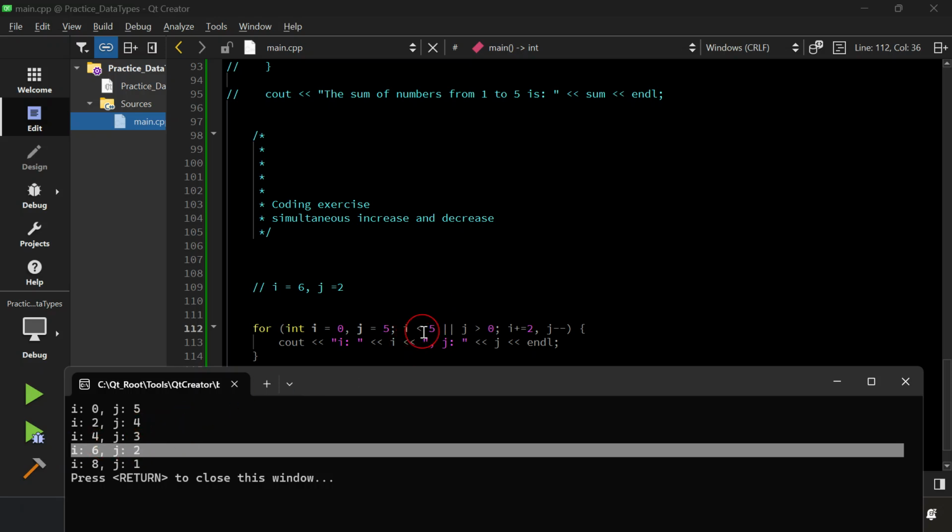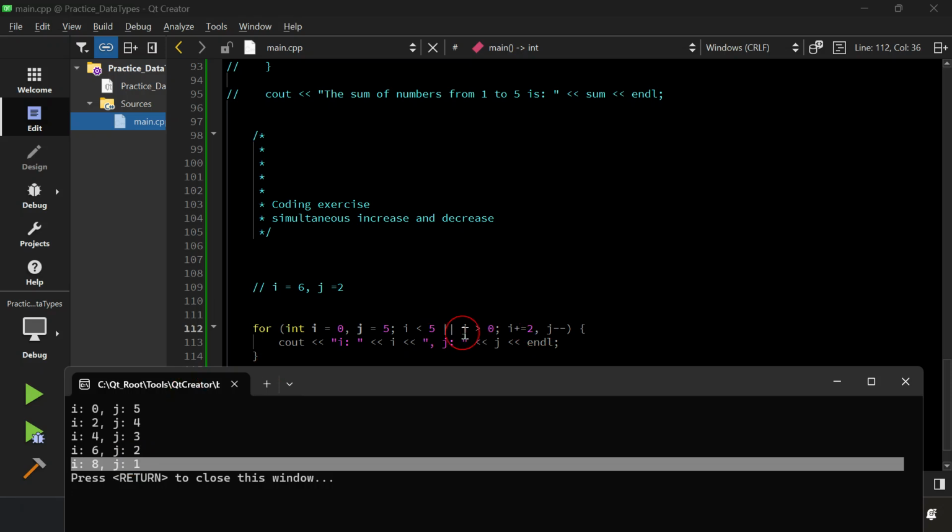Yes, i is not lower than 5 in this case because it is 6 now. But since we are using the OR operator, either this condition should be true or this condition. Since j equals 2 and 2 is greater than 0, it enters again.